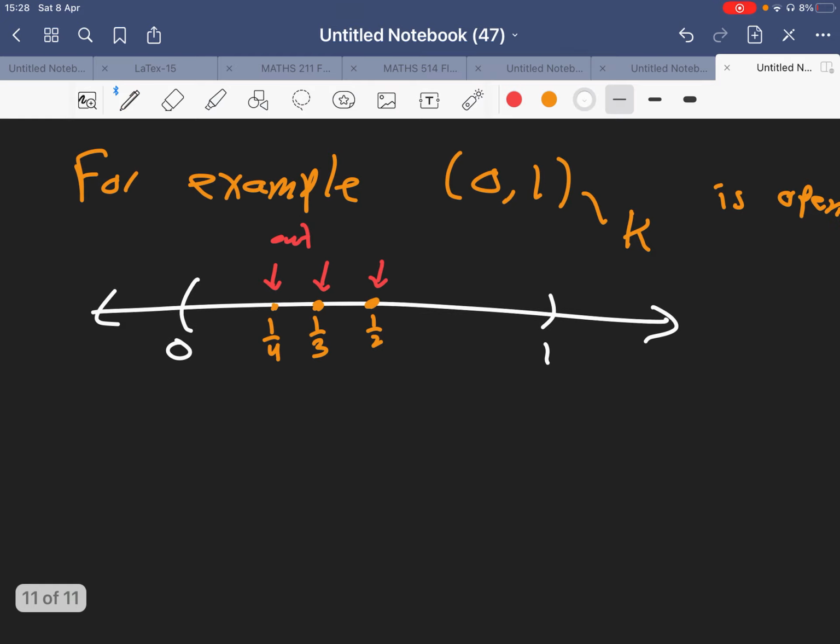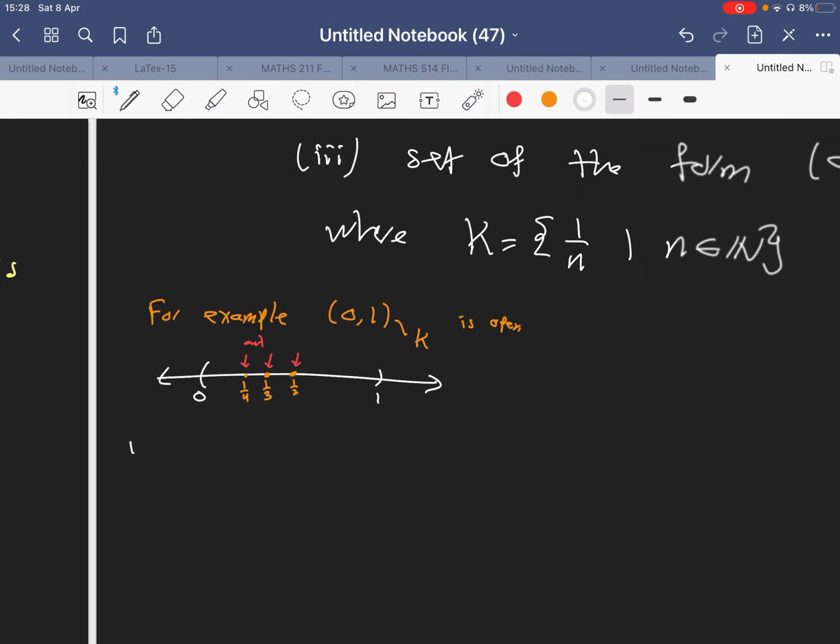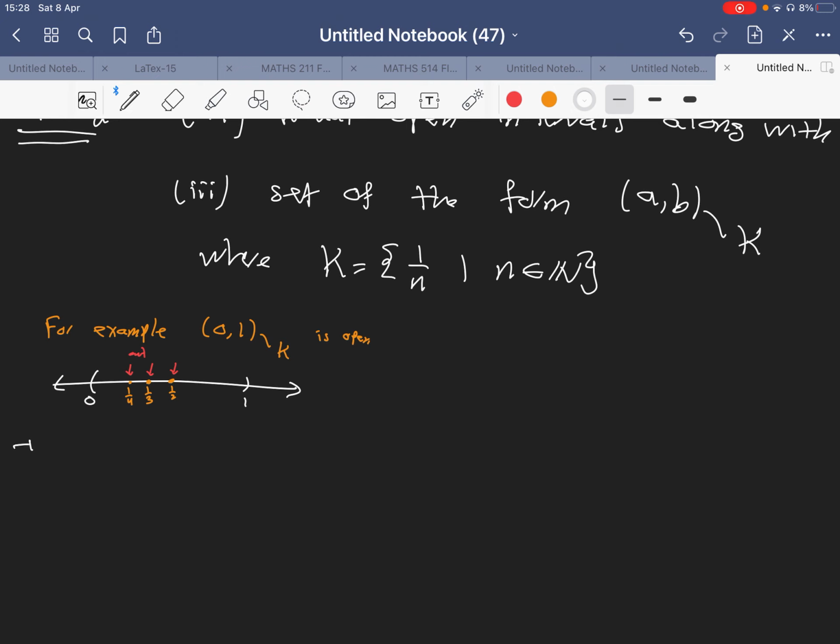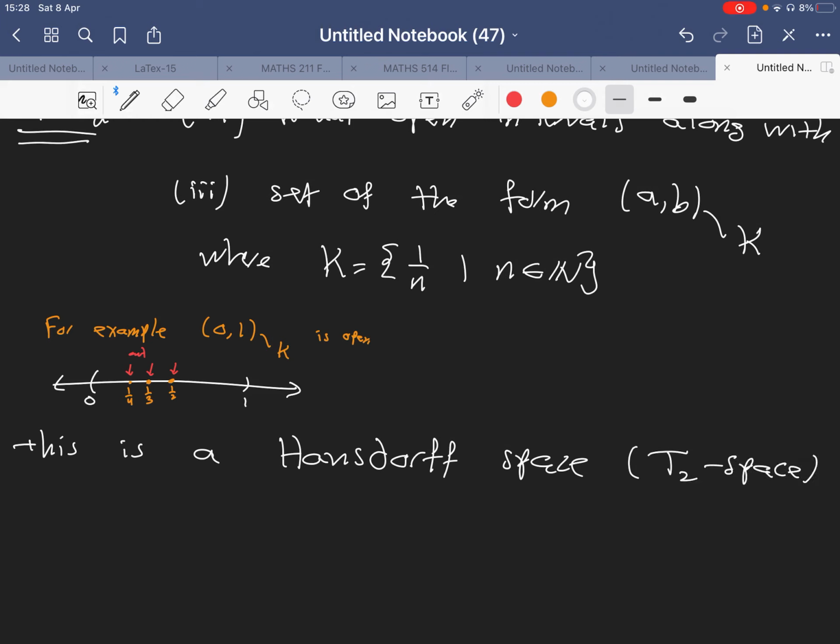And why do we talk about this one? This is a Hausdorff space, which is a T2 space, because first of all, we didn't change the topology much. If we have 2 points, we can just put usual intervals between them and separate them.